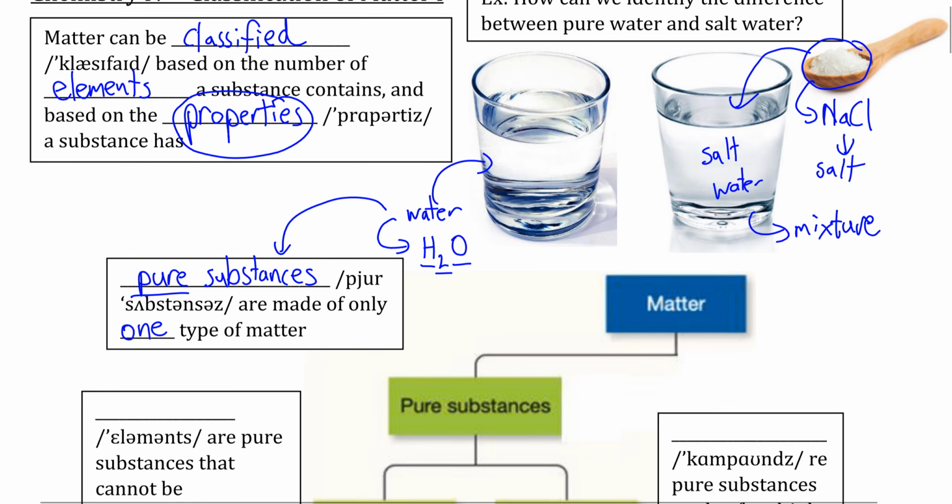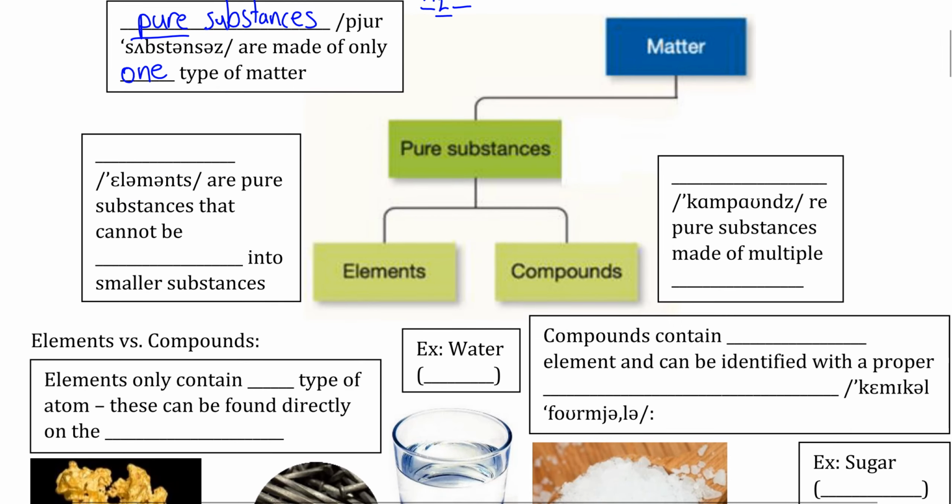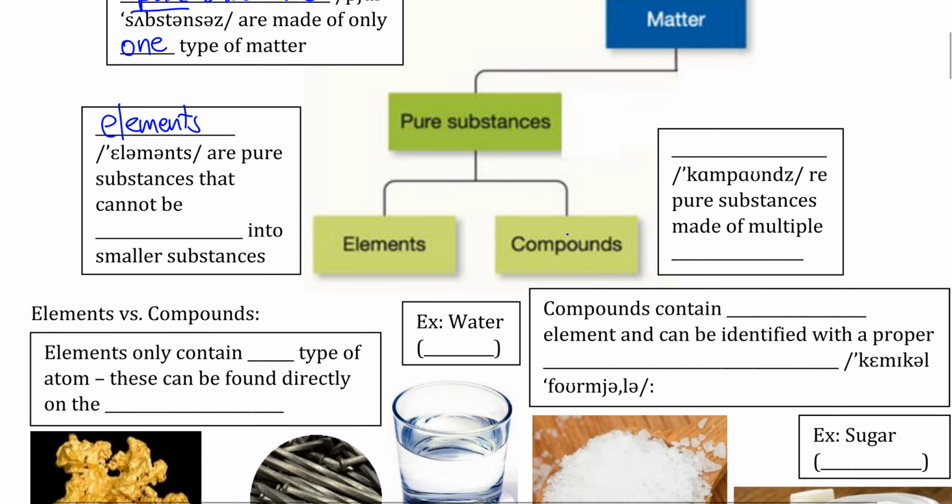So now that we can tell the difference between a pure substance and a mixture, the next thing that we need to do is describe the difference in classification between the two types of pure substances, the first of which we know as elements. And we don't really need to spend too much time on what an element is.